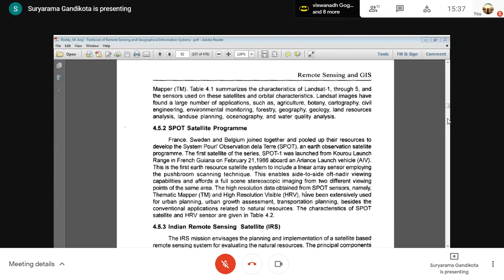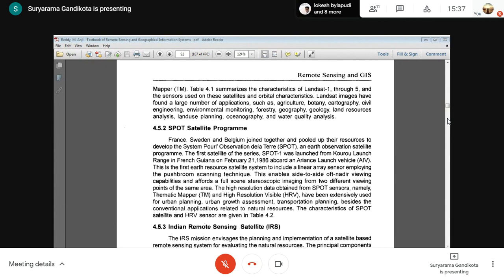The first satellite of the series, SPOT 1, was launched from the Kourou Launch Range in French Guiana on February 21st, 1986, aboard an Ariane launch vehicle. This is the first Earth resource satellite system to include a linear array sensor employing the push broom scanning technique.